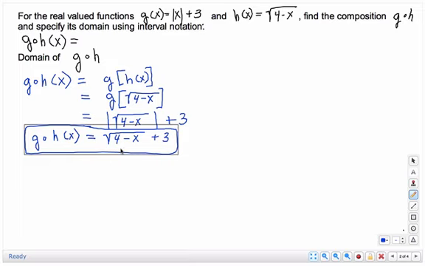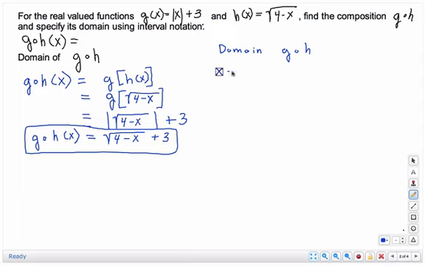Now when you're dealing with square roots and fractions, stuff like that, you're going to have restrictions to your domain. Your domain represents your input values. So what you're going to need to do to find the domain of g composed with h is first think about what you're doing here.